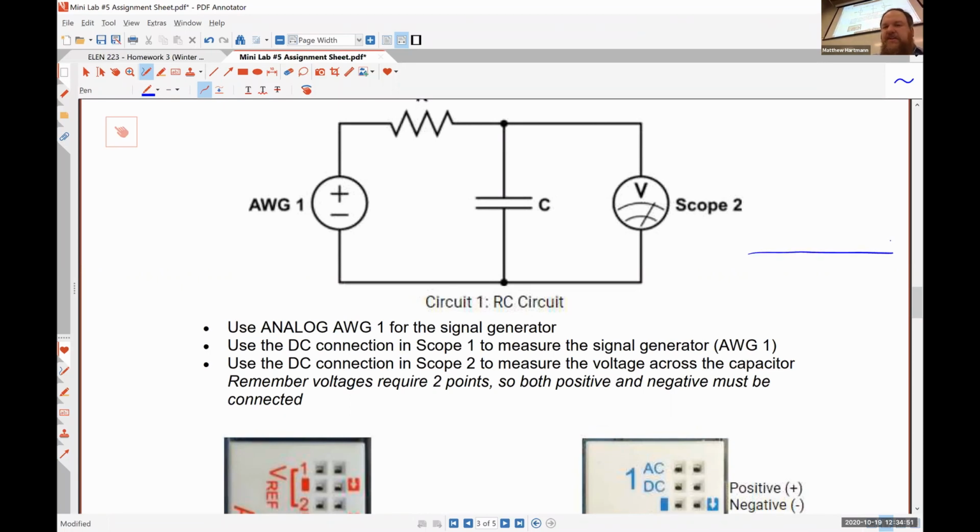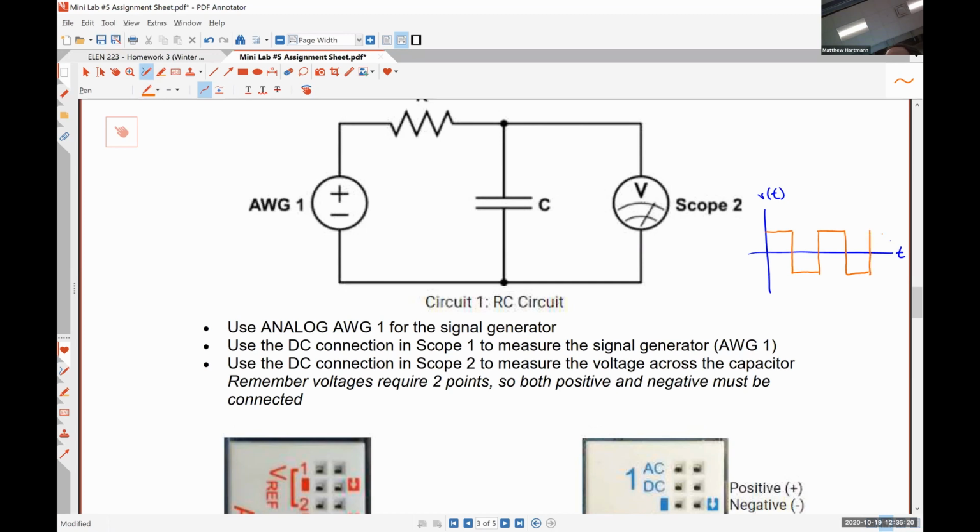So this is our baseline. This is V as a function of time, and this axis is time. And then we are going to have it go high for some duration, low for some duration, et cetera, et cetera.